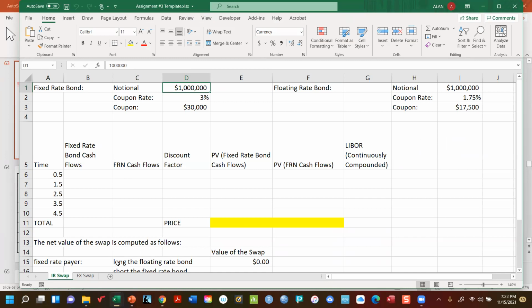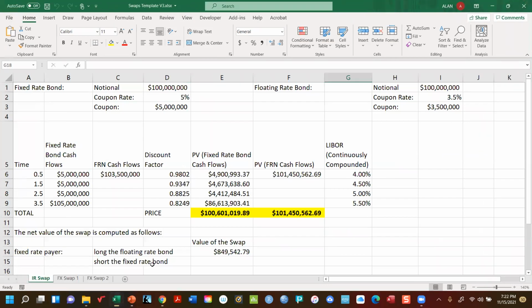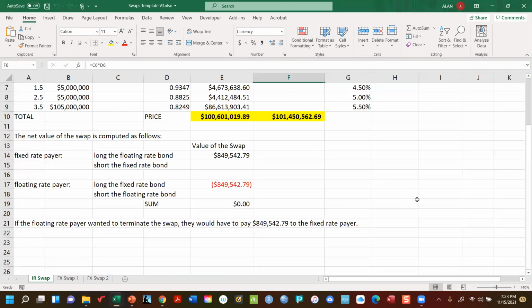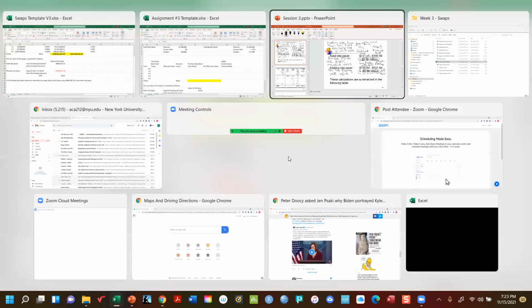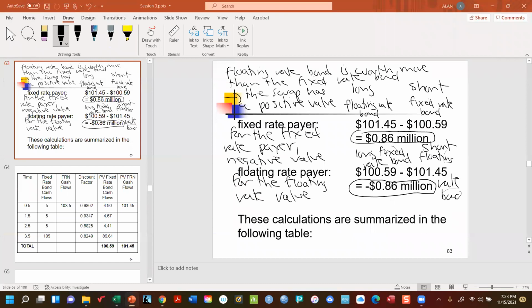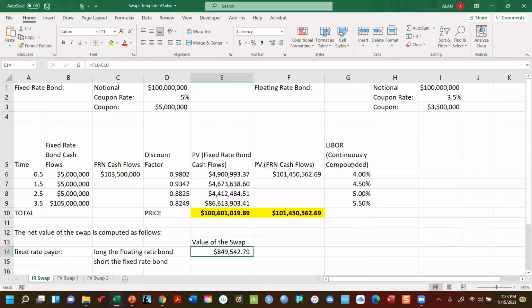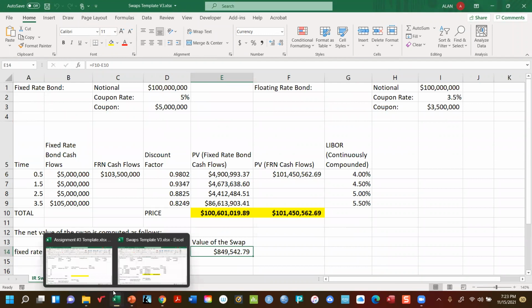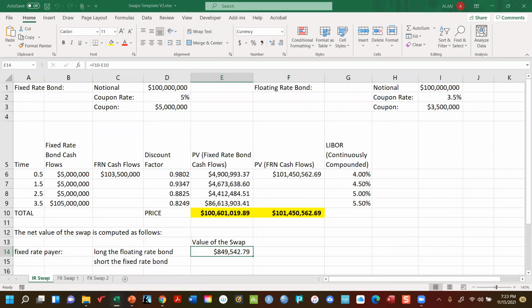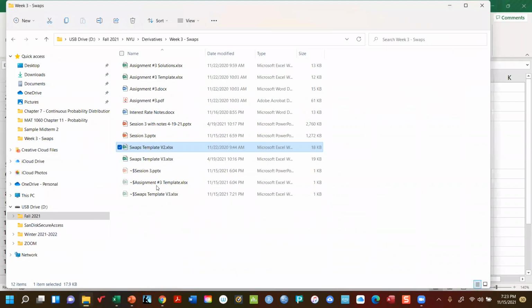All right, let me send you this one. I think we'll use this one because, for some reason, it doesn't seem to be exactly the same as what we have in the slides. It's close. It might just be rounding. I have a feeling that's what this is. So let me send this off to you. Swap template V2. Let's use that one.